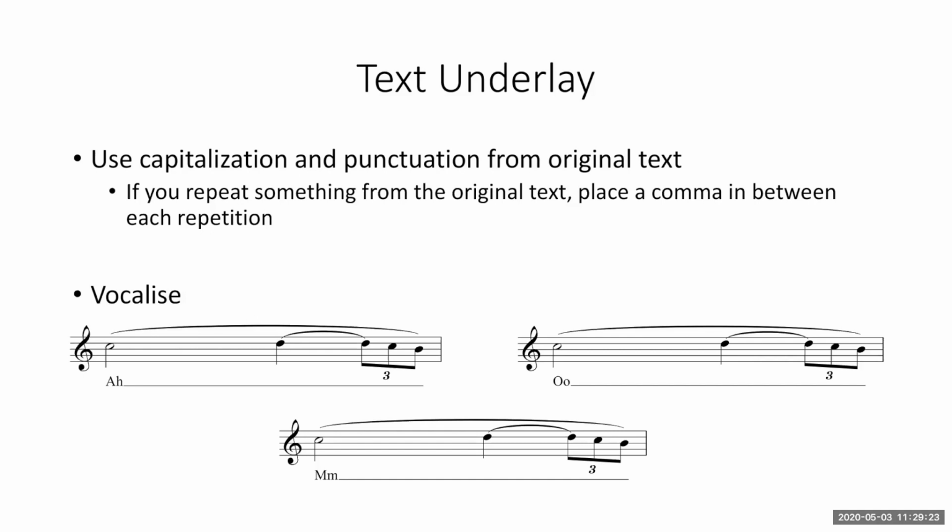So ah, typically you have the AH and then the extender line. Then oo would be two O's and the extender line. And then a hum or mm would be two M's. So that would be the way that you would want to write those types of vocal sounds if you want vocalese.